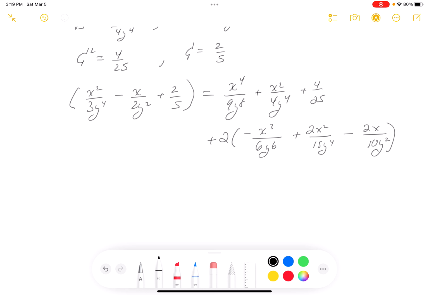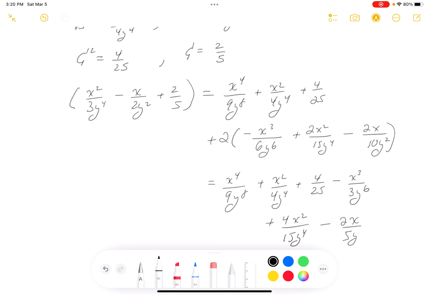I'm going to continue to write this down now. x^4 over 9y^8 plus x squared over 4y^4 plus 4 over 25 minus x cubed over 3y^6 plus 4x squared over 15y^4. What's this going to be? This is going to be minus 2x over 5y squared.